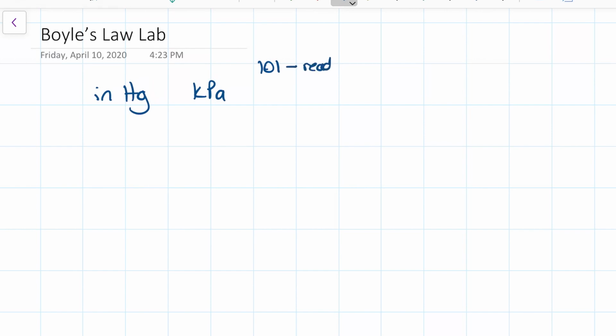My first reading was -11 inches of mercury, which turns out to be -37 kilopascals, and 101 minus 37 is 64 kilopascals. This is the reading that we're gonna use for pressure.